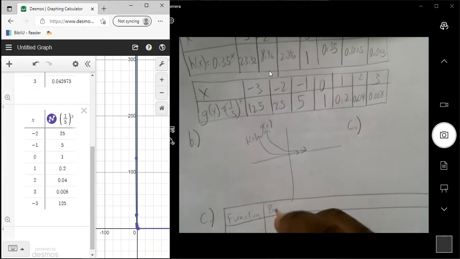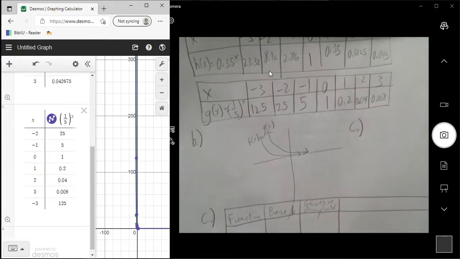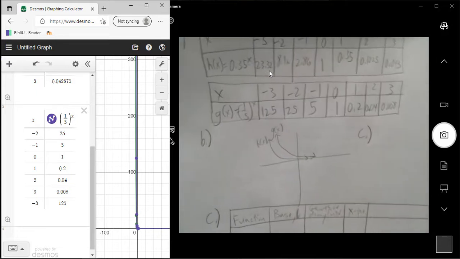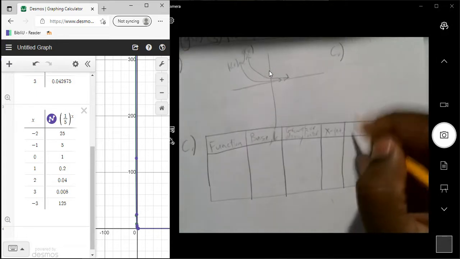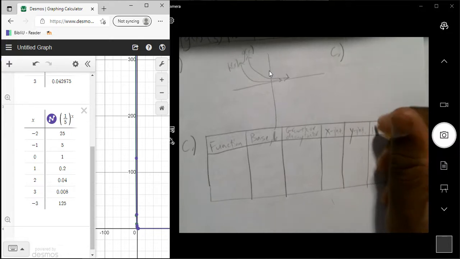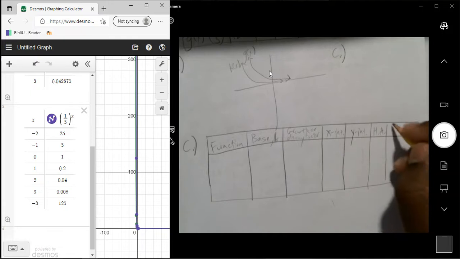We have a base, which is B. We have the growth or decay factor. We have the x-intercept. We have the y-intercept. We have the horizontal asymptote. And we have the increasing or decreasing.